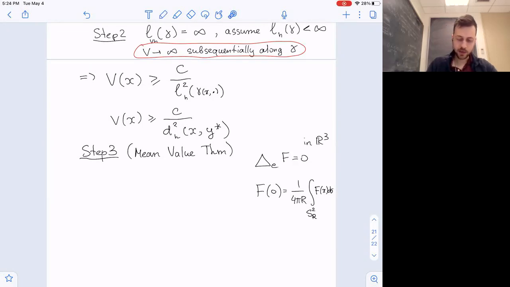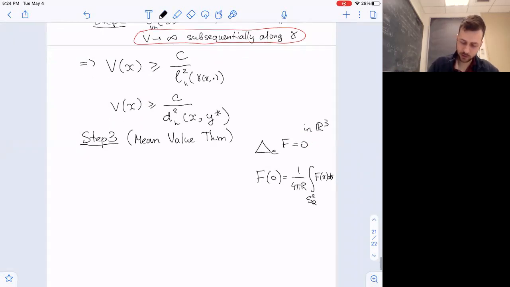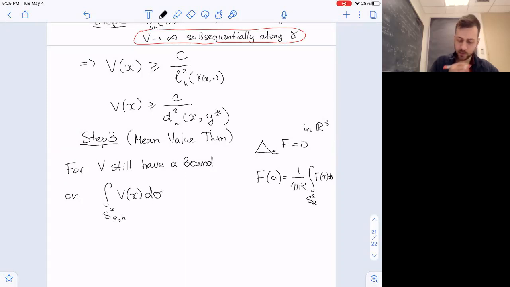And it happens that something similar is true for v. Even though v doesn't solve the Laplace equation and solves something with extra terms, you can still have a bound on the integral over the sphere of radius r with respect to metric h, v of x d sigma.